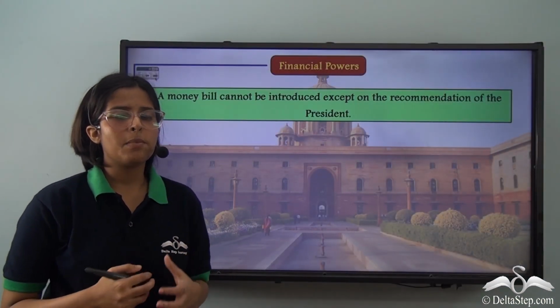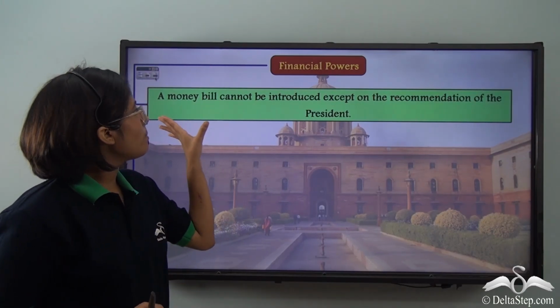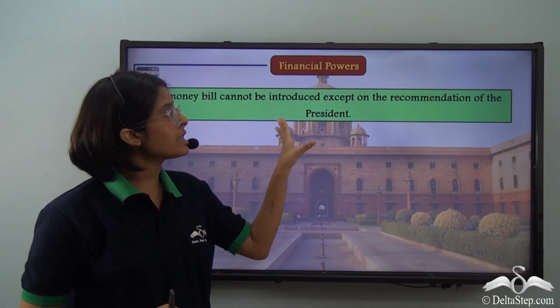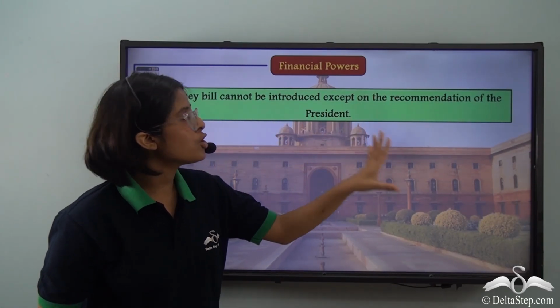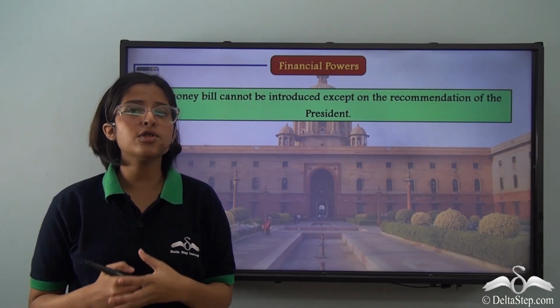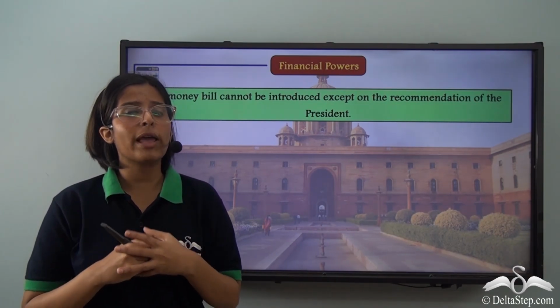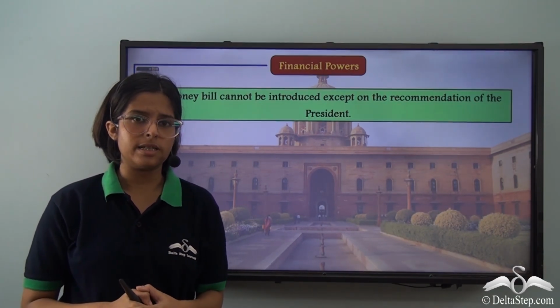Let us now sum up what financial powers the President has. A money bill cannot be introduced except on the recommendation of the President. We know that a money bill can be introduced only in the Lok Sabha and only when it has been recommended before by the President.